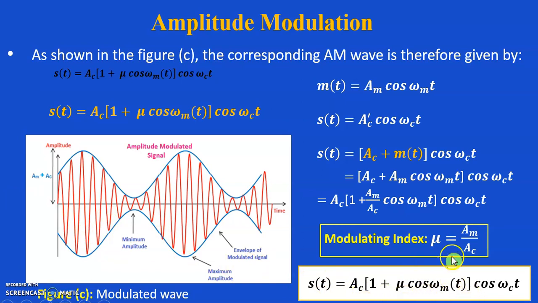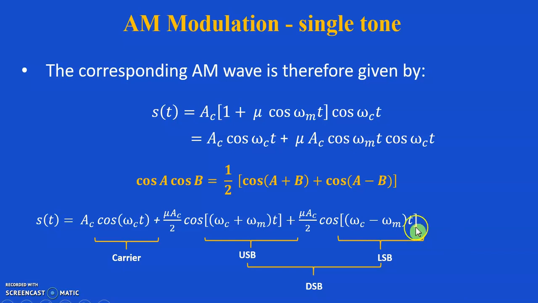So the corresponding amplitude modulated wave is given by, as we said, S of t equal to AC (1 plus mu, which is the modulating index, cosine omega mt) into cosine omega ct. If we expand this equation, we will have AC cosine omega ct plus AC multiplied by mu into cosine omega mt into cosine omega ct.